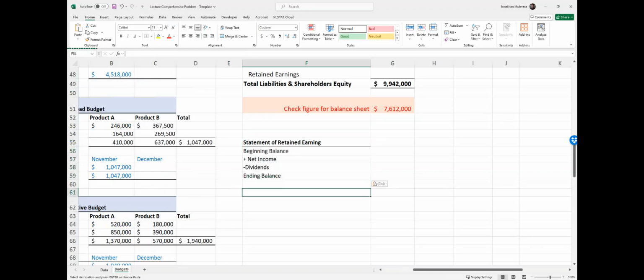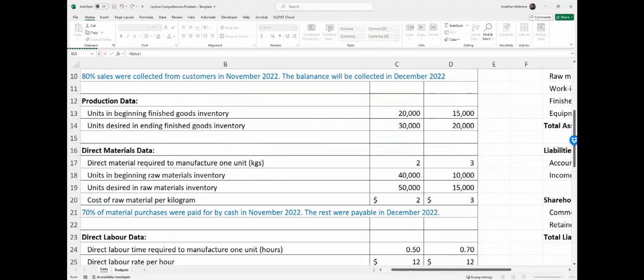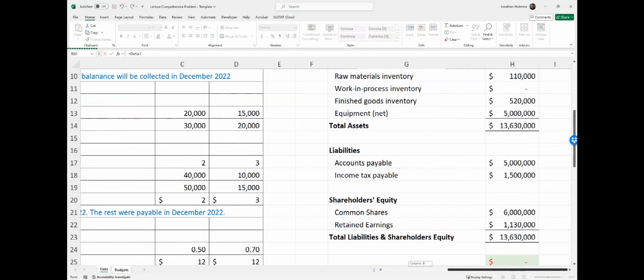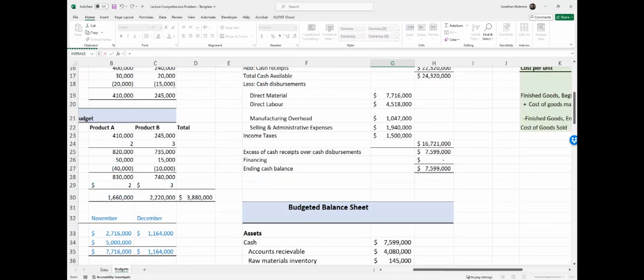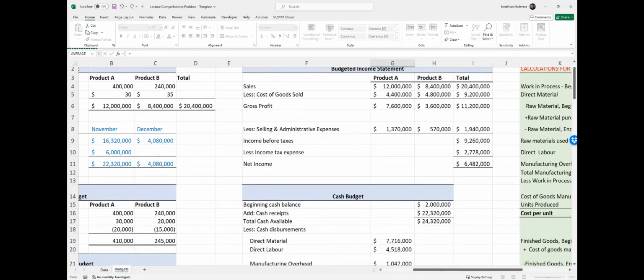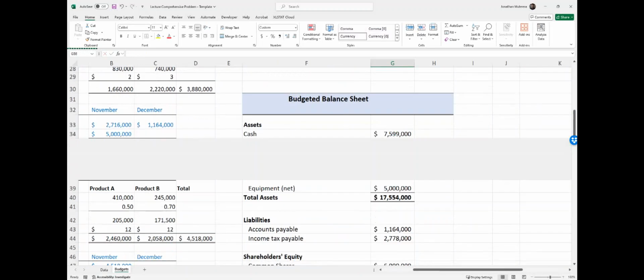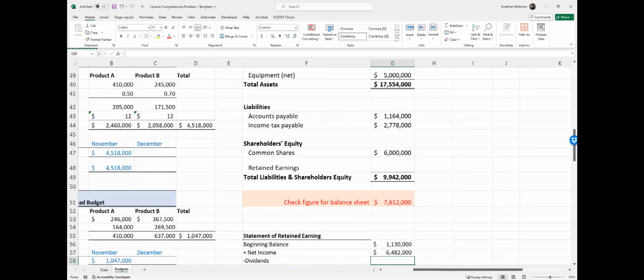So remember, it's beginning balance, add net income, subtract dividends equals ending. So your beginning, you get it from your previous balance sheet. Your net income from your budgeted income statement. So net income. There were no dividends.